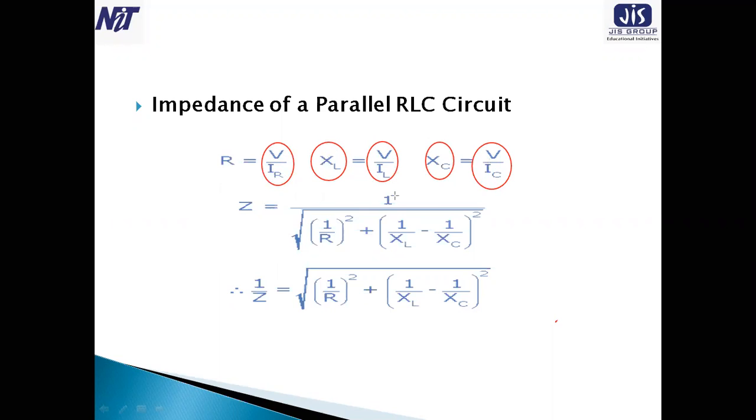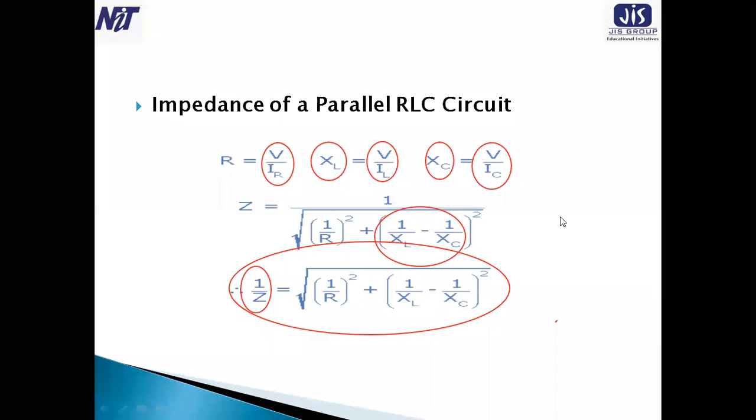So 1 by Z will be equals to root over 1 by R whole square plus 1 by XL minus 1 by XC whole square. In this way we can find the impedance of a parallel RLC circuit.